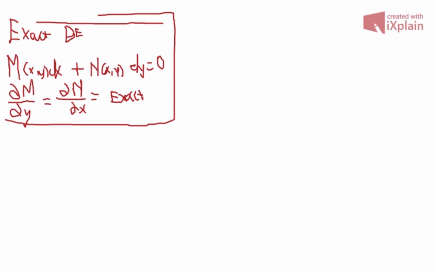So in the method of solution, if del M over del y and del N over del x are the same, you then say del f over del x is equal to M and del f over del y is equal to N. Between the two, you must choose which one is easy to integrate, and pick that one, going with your convenience and comfort in integrating.